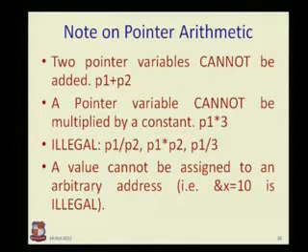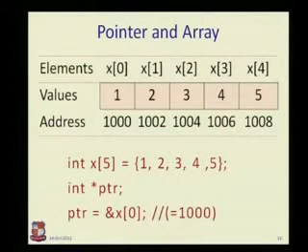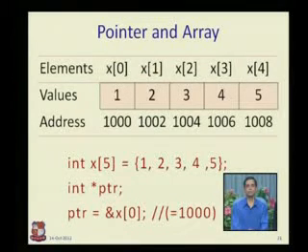Now switching to the next one, how the pointers can be used with arrays. See what I have written here: elements x0, x1, x2, x3 and x4. These have values 1, 2, 3, 4 and 5. And the addresses I have written as 1000, 1002.